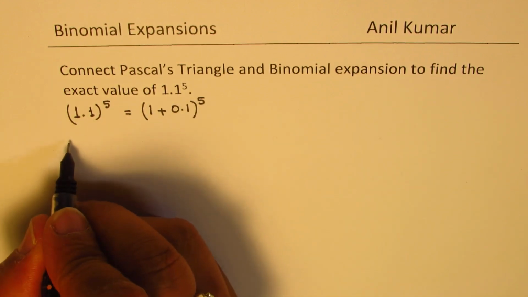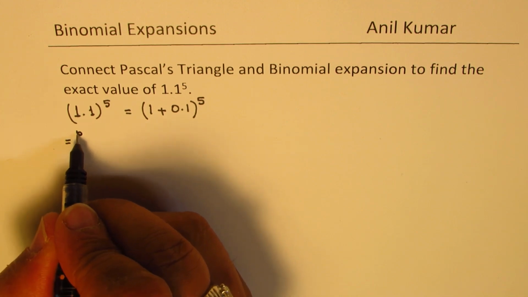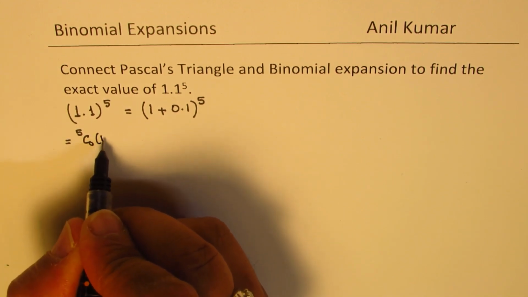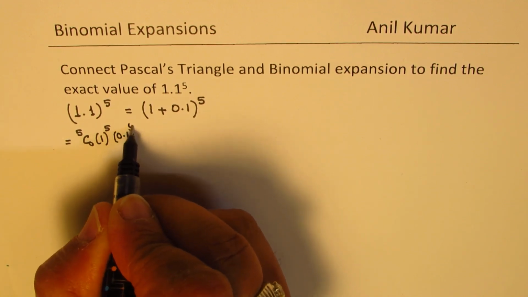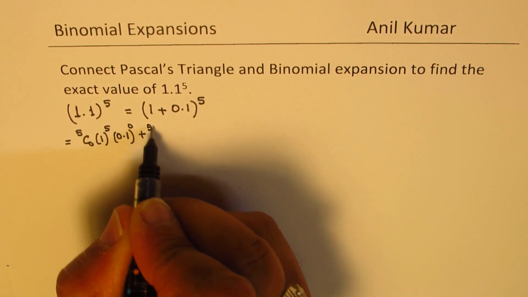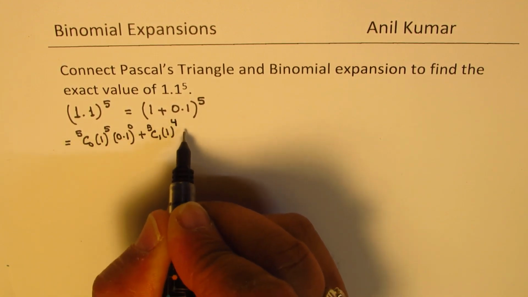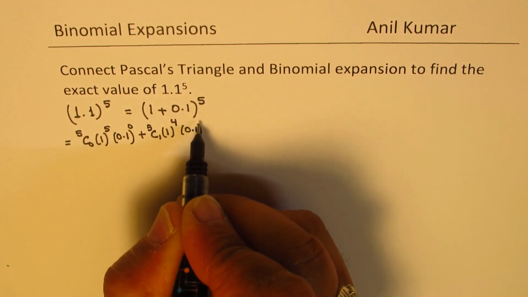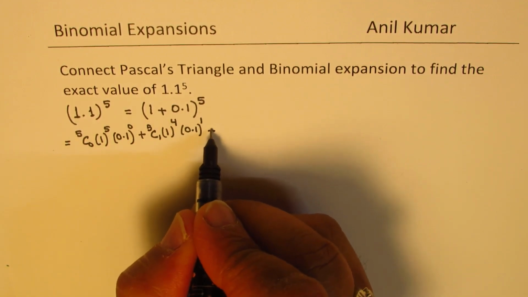Now, let me write this out. So we get 5C0, 1 to the power of 5 times 0.1 to the power of 0, plus 5C1, 1 to the power of 4, 0.1 to the power of 1. So their sum of powers will always be 5.